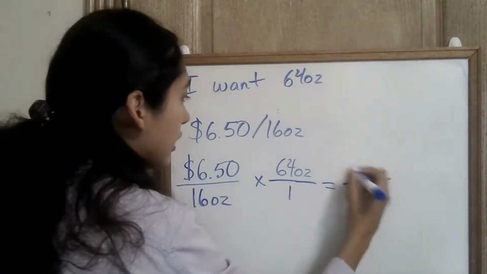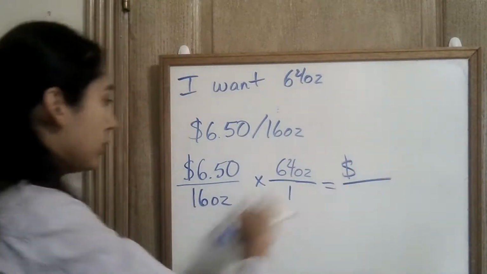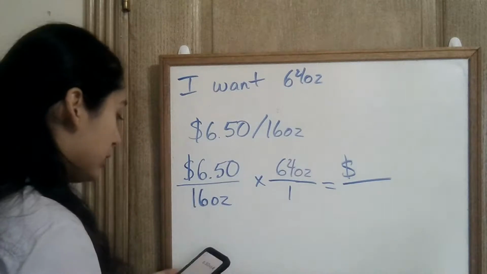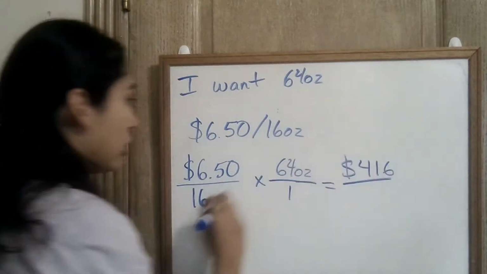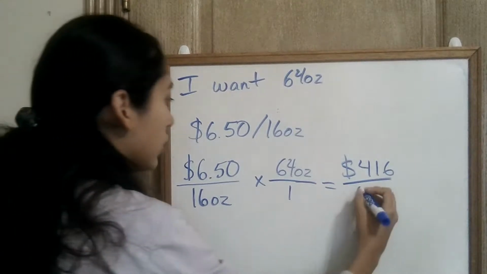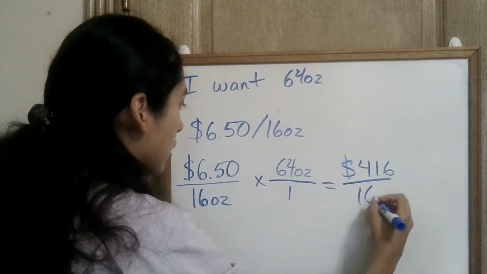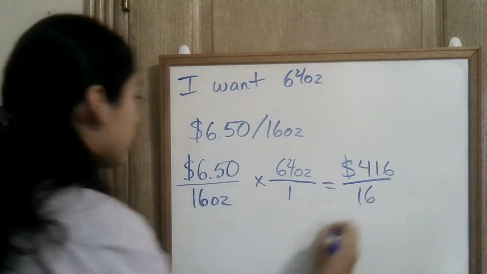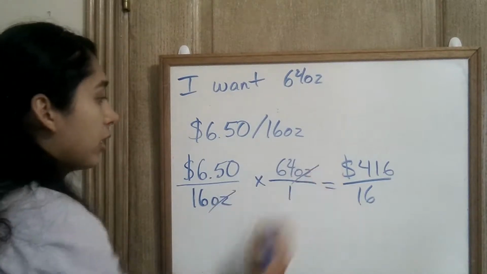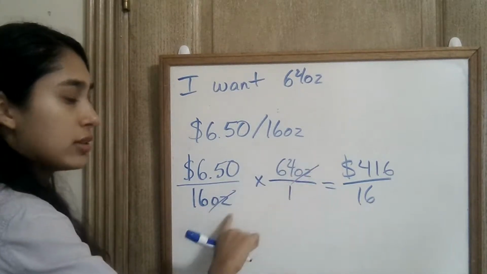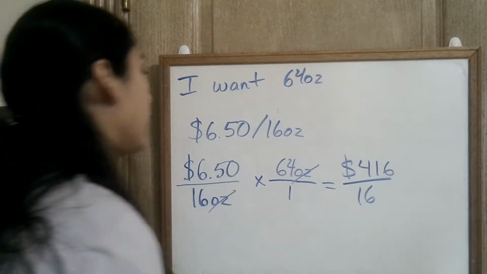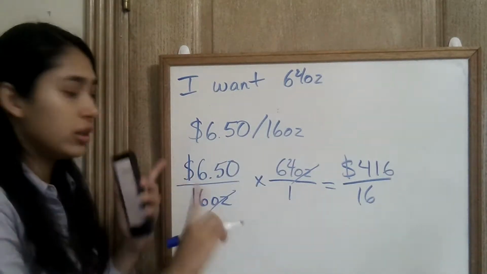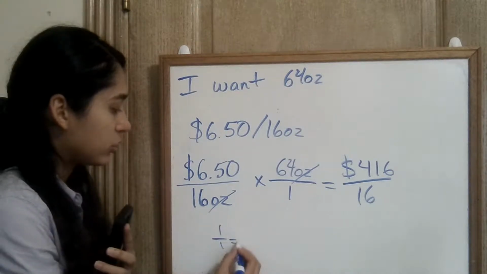So if we use the calculator, and just to not make this board very messy, it's $416 per ounce, all over 16. Now remember, we can cancel out the units of ounces right here because the top and the bottom match. Remember when you have 1/1, it's the same thing as 1.